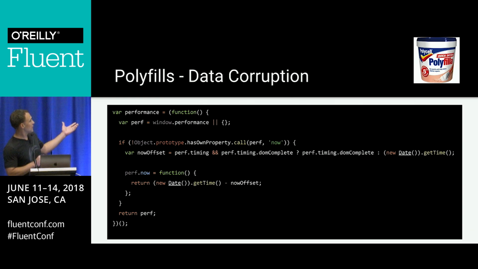As you can see here, they polyfill performance.now, falling back to the date API for older browsers, which works, but the problem was they were incorrectly using the DOM complete as the epoch, where they really should have been using the navigation start. So because of these timestamps, which could be literally seconds apart from each other, the existence of the library corrupted all of our RUM data for older browsers, leaving our data scientists scratching their heads.